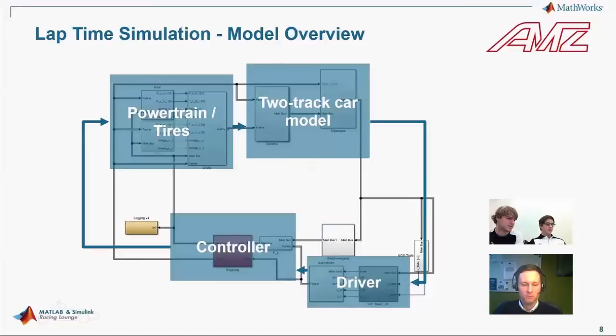There we have modeled the rear and the front axle and the different tires to calculate the forces which are applied to the tires, and these forces are then passed on to the two-track car model, which is actually only kinematic relations which present the two-track car model which we presented earlier. And then out of these relations we get the accelerations and the speed, which then is passed back into the driver to recalculate the whole thing.